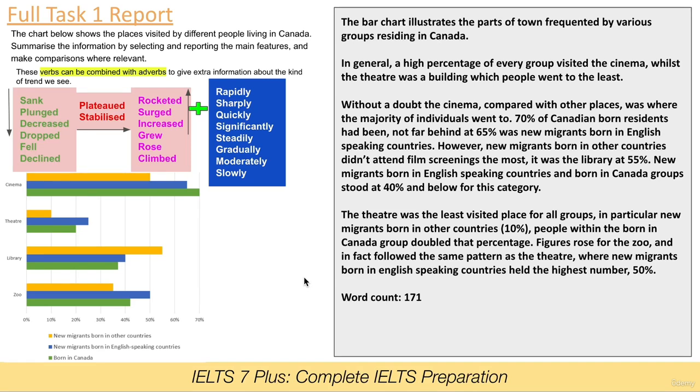And as long as we're hitting the 150, then that's the main thing there. But hopefully you can see how we structure the task one. We open up with the paraphrasing, we go into the overview, and then we talk about the two groups that we've made, and we draw upon the figures there to create a really nice report.